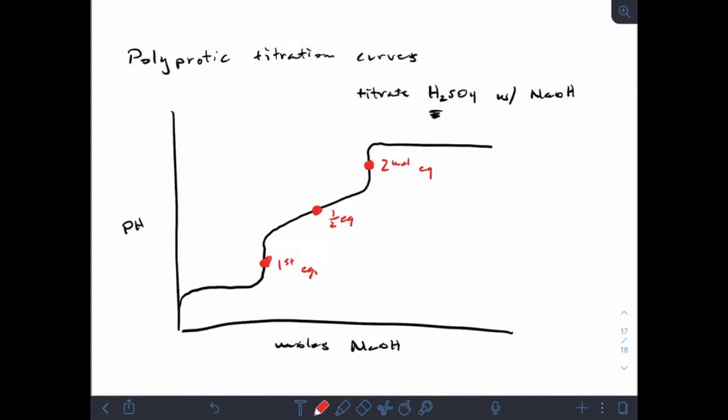All right, now just like when we do a weak acid, we have a buffer region, where pH equals pKa for the weak acid, for HSO4 minus.